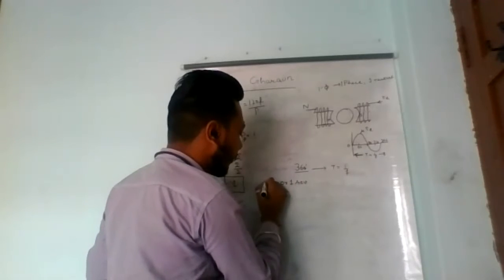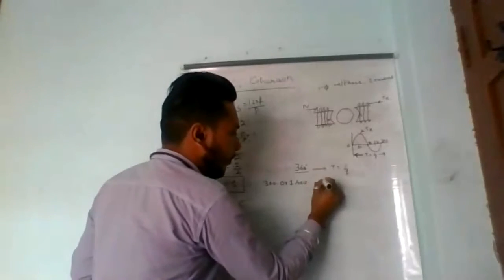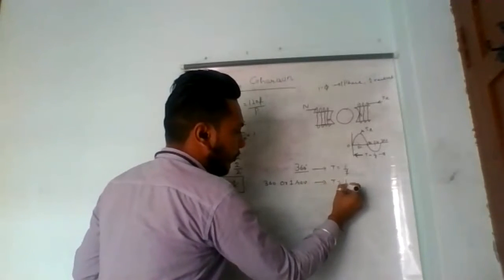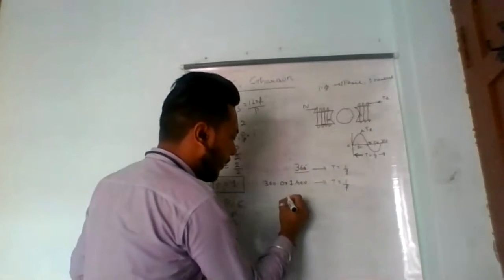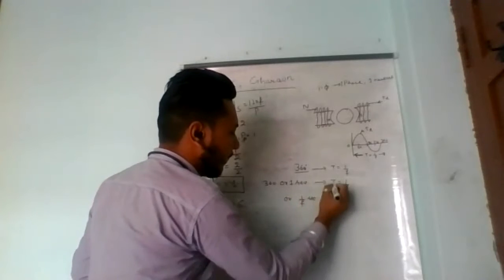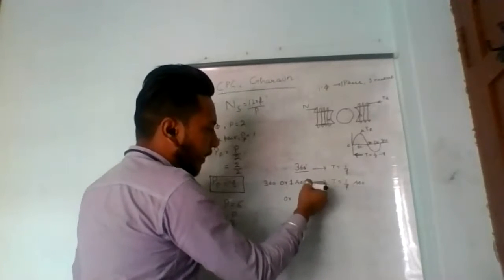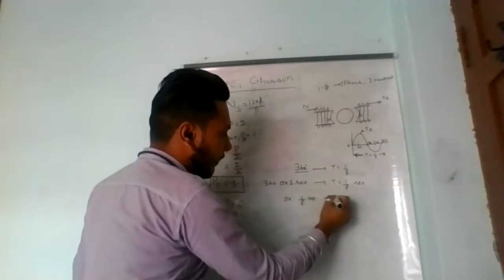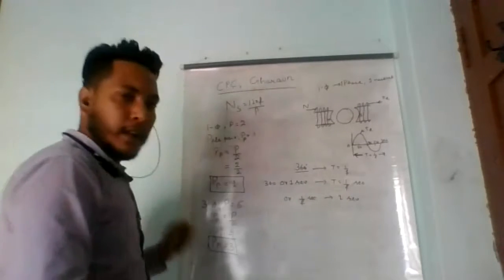So 360 degree, or 1 revolution, is equal to T equal to 1 upon f. If we rearrange this equation, 1 upon f second, as we know the unit of time is second, is nothing but 1 revolution.